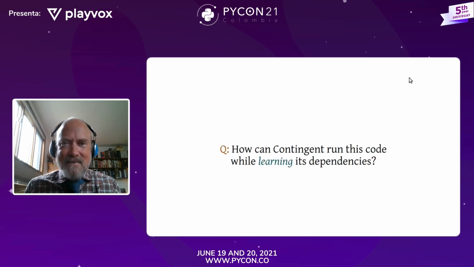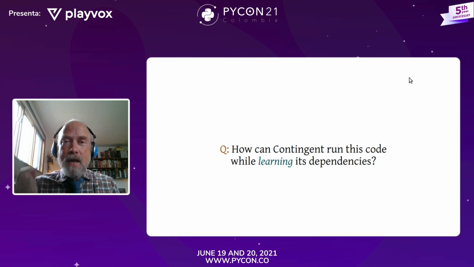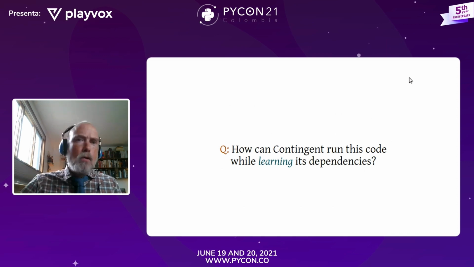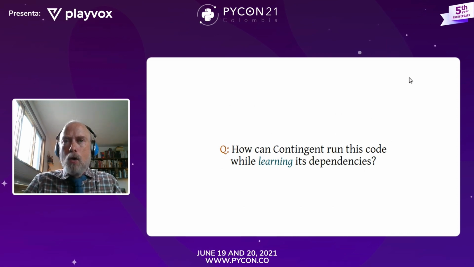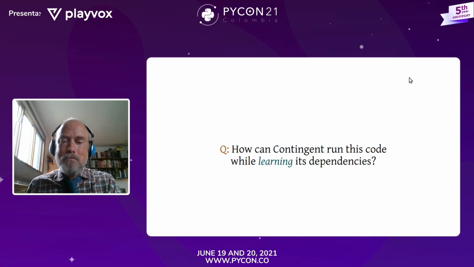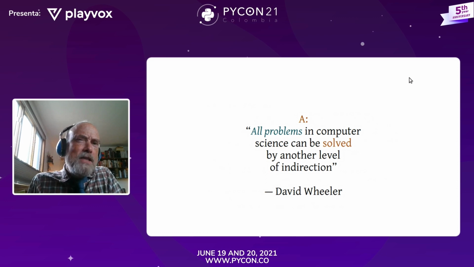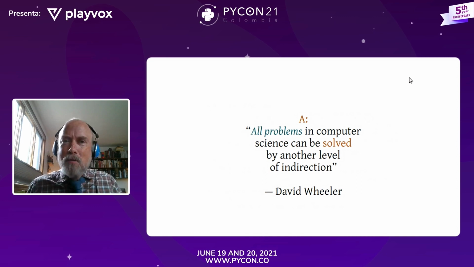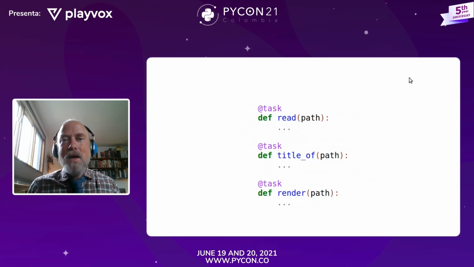But how can Contingent run this code while learning its dependencies? The code will run outside of Contingent's control. How will it know what order those routines were called in? Someone once said, all problems in computer science can be solved by another level of indirection. So let's add one.